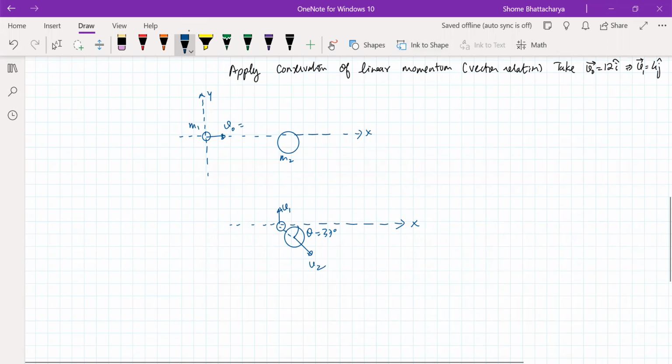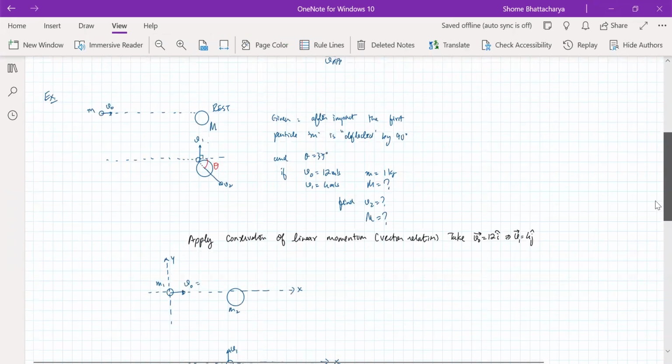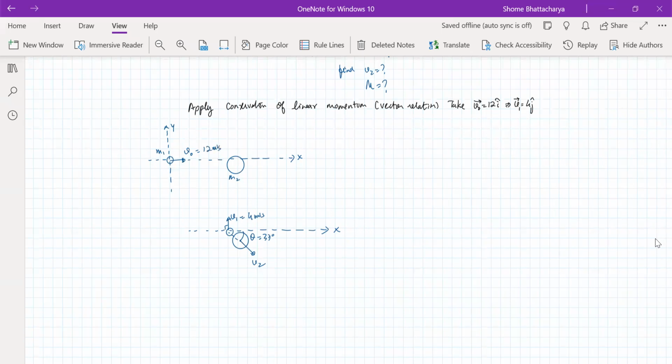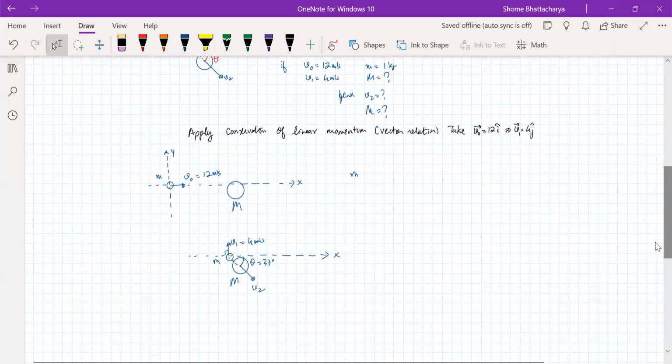Okay, let's check out the values. I'm just writing down the equations. So theta is 37, V0 is 12, V1 is 4, and small m is 1 kg.